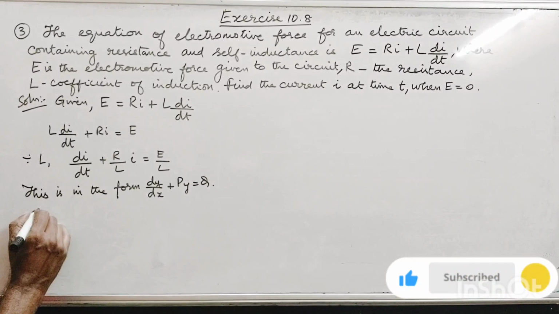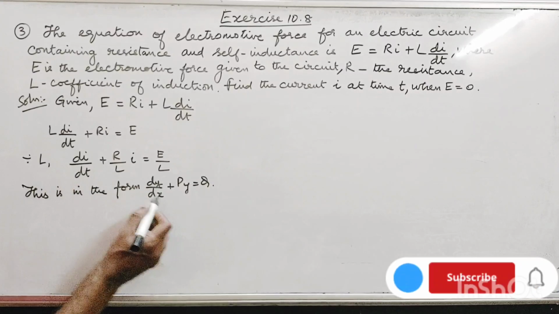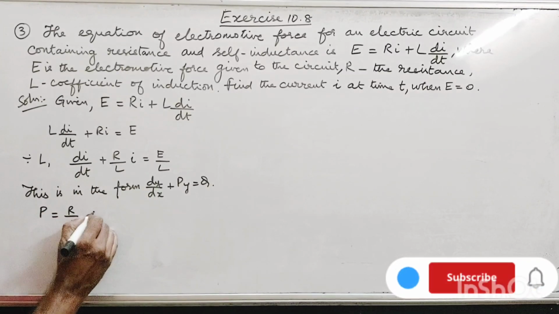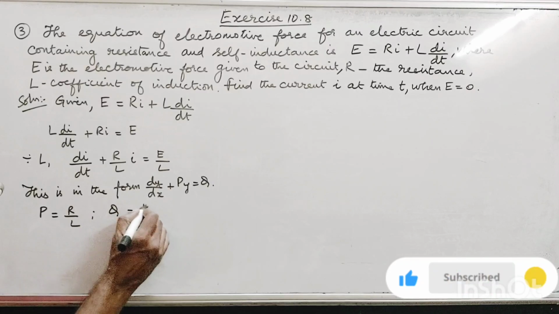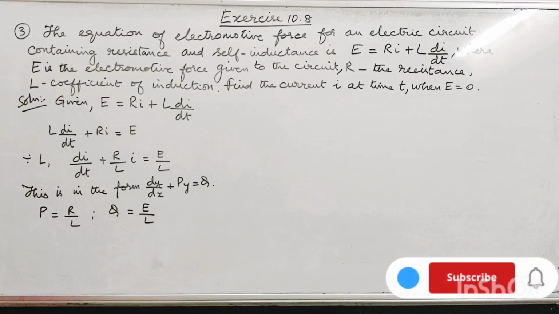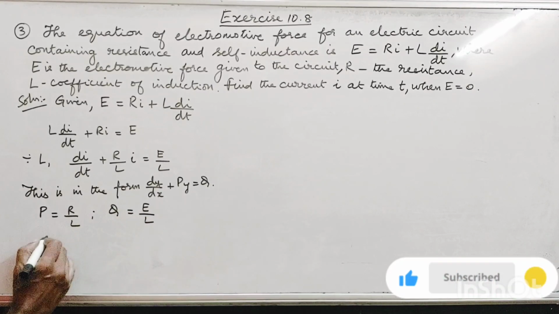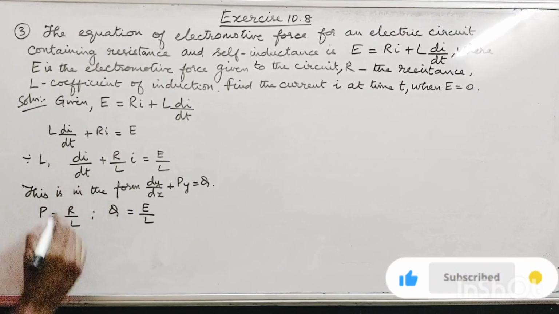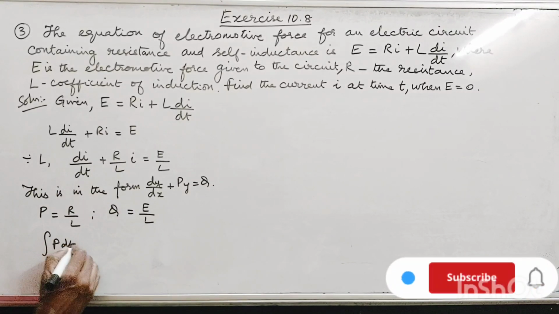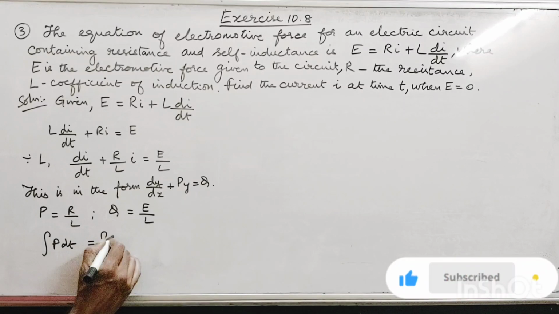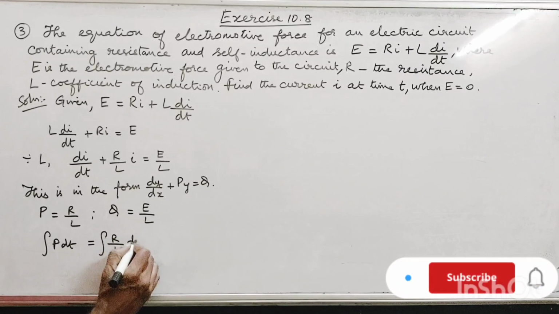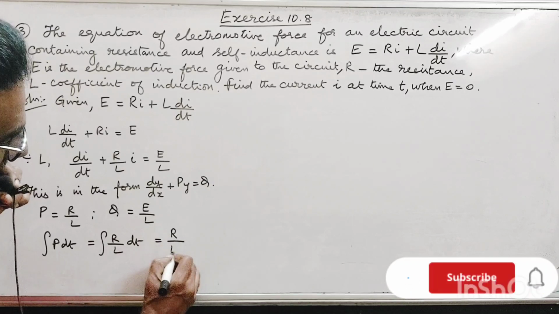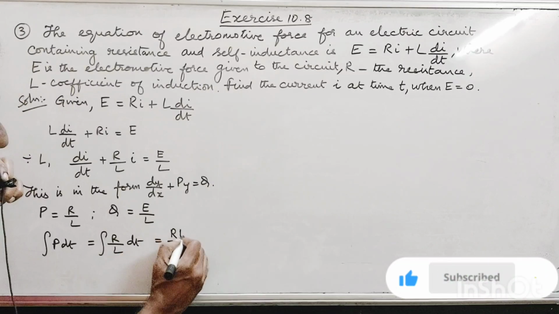Here what is P? y is i and x is t here. P is equal to R by L and Q is equal to E divided by L. Now I am going to find the integral of P dx. Instead of x I am having t here. So integral P dt is equal to integral R by L dt, which is R by L, a constant, and when you integrate dt it gives t.